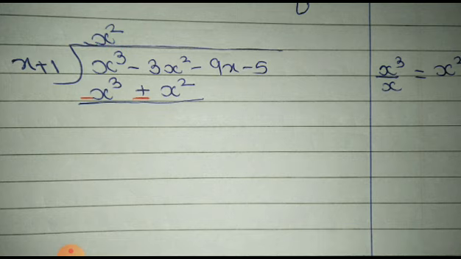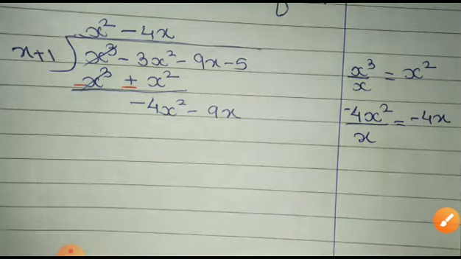Change the sign and then perform it again. Always see that after multiplying you write the like terms below: x square terms below x square terms itself, x terms below x terms, cube terms below cube terms itself. Okay.